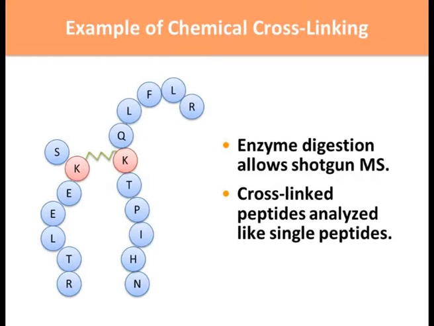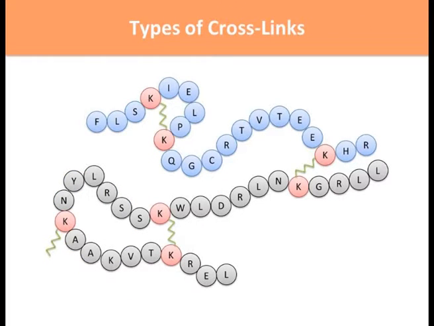Now, because the lysine here is cross-linked, trypsin will not digest at that lysine. It'll skip it, but it'll still digest at the arginines here or any unlabeled lysines. And so these are the two peptides that are now one molecule that needs to be analyzed in the mass spectrometer.